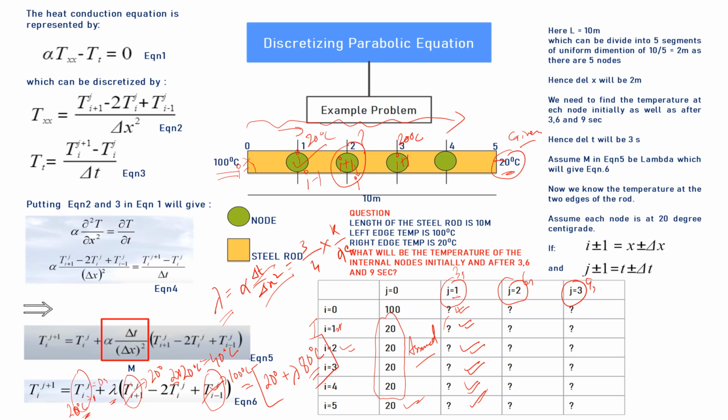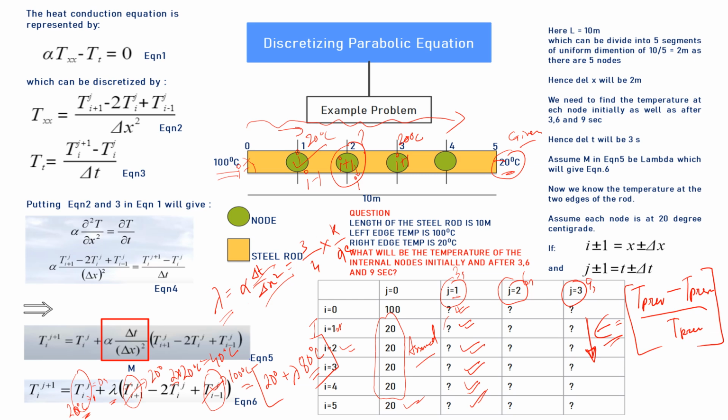Then we try to find out the error with the help of this formula: t previous minus t new or present, divided by t previous. So this gives the error of the iterations, and we try to minimize this error, try to reduce the error in each iteration, right?